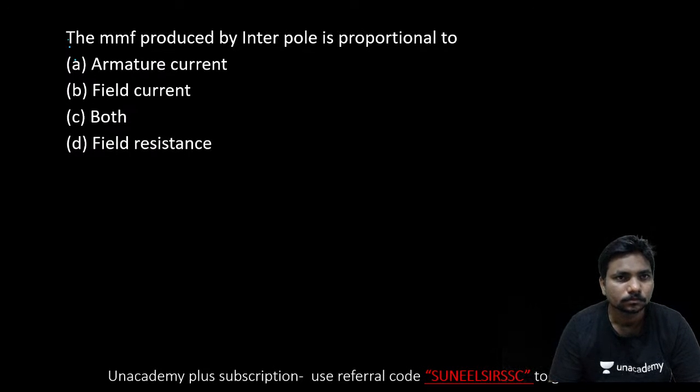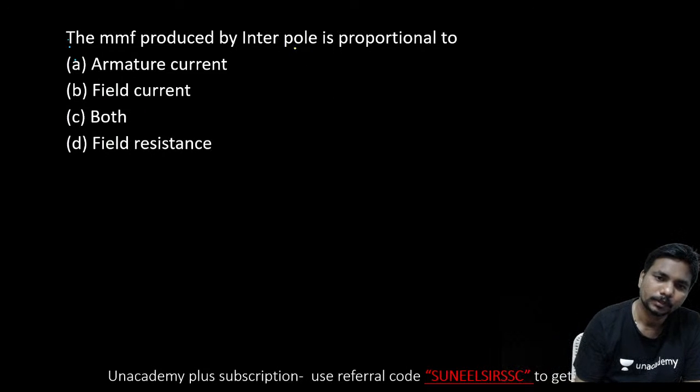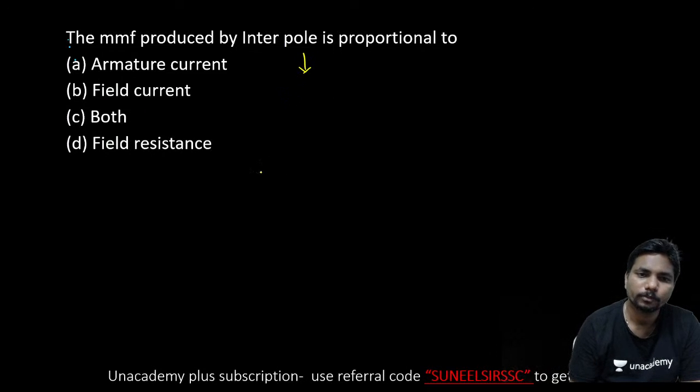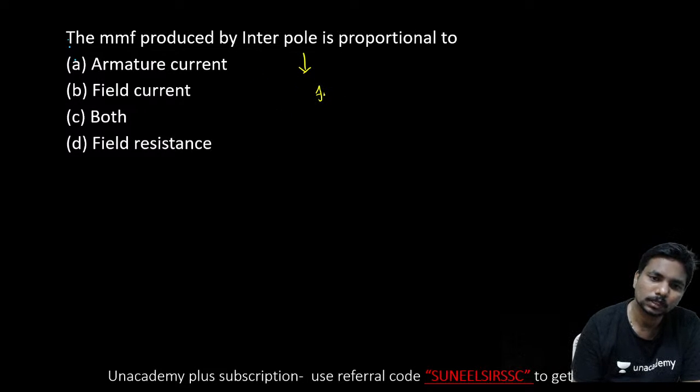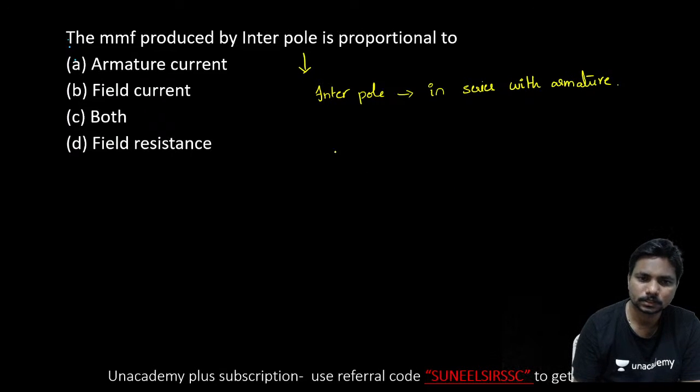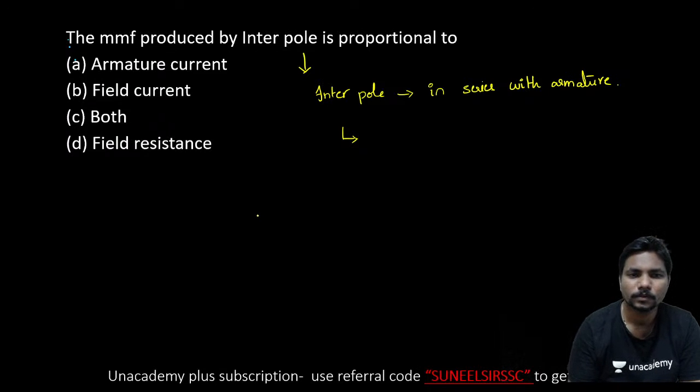Coming to this one: the MMF produced by interpole is proportional to. Here, the interpole is connected in series with armature. Being in series with armature means whatever current flows through the armature, that same current will flow through the interpole.